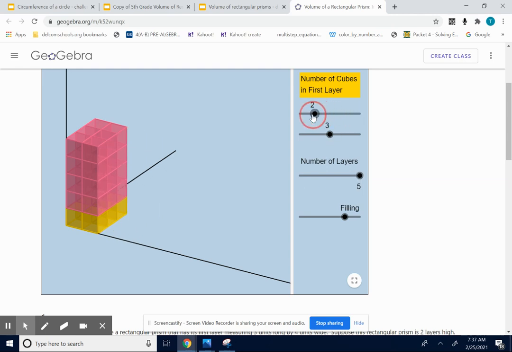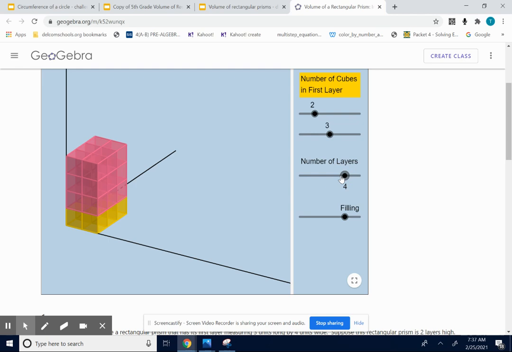If you take the length times the width, that'd be 6 cubes. If you take those 6 cubes times the number of layers, that would give you the total cubes.